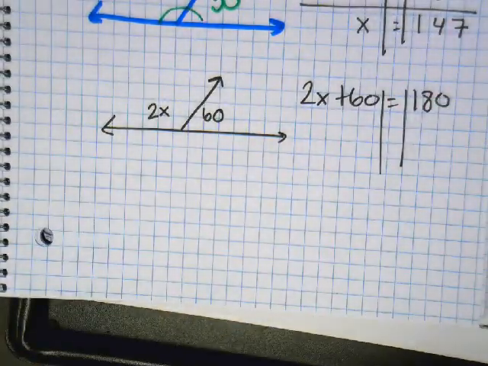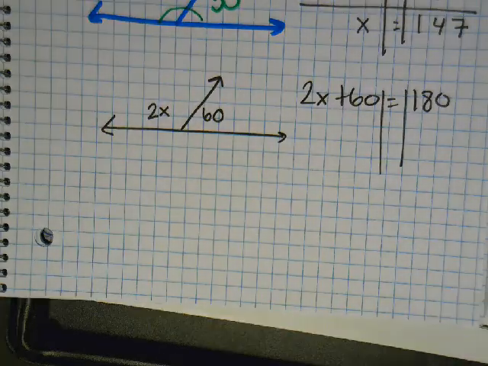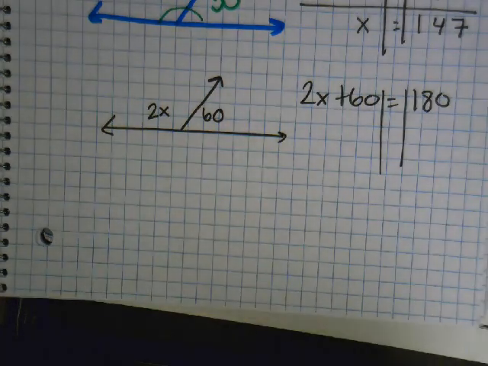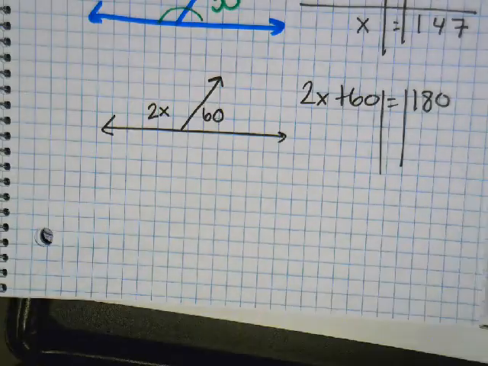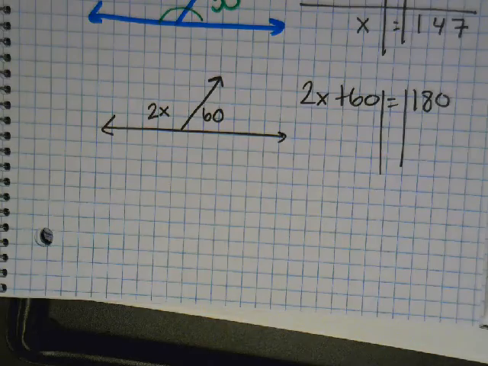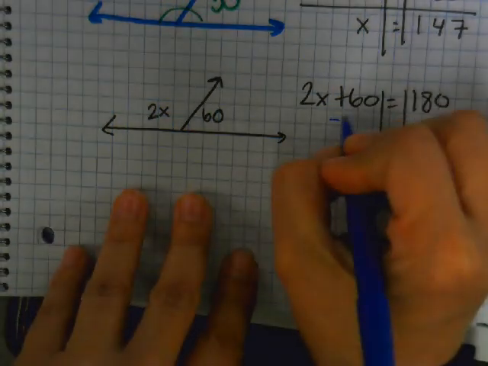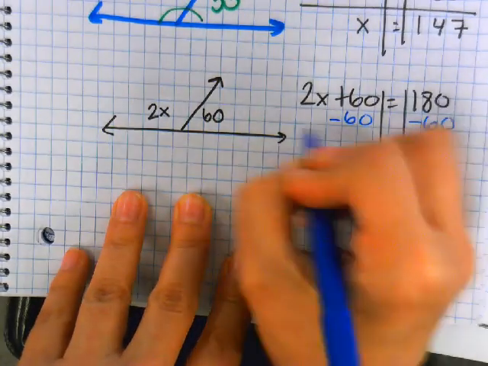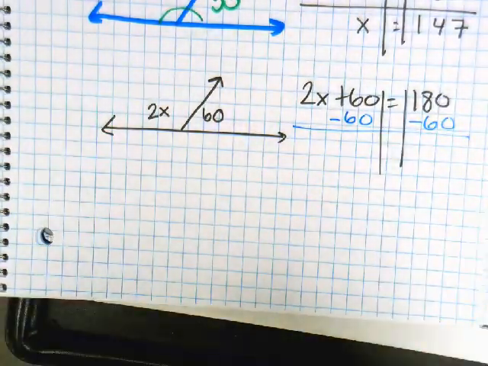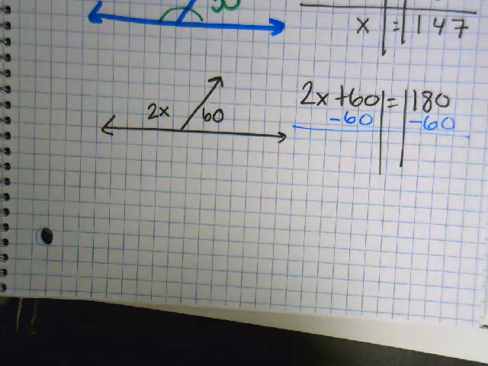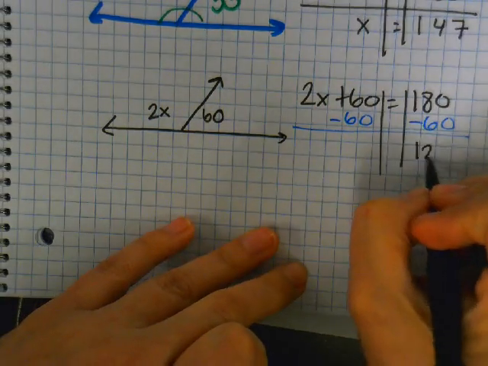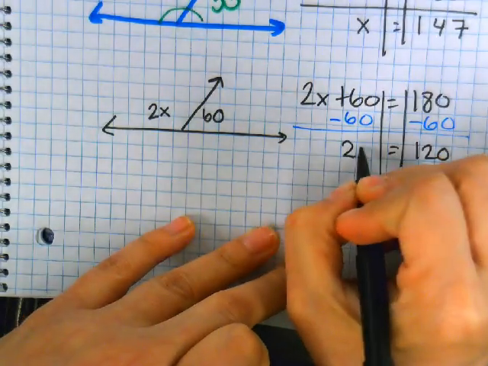What number do I move first? The 60 or the 2? The 60. Very good. How do I move the 60? Subtract. So let's subtract 60 on both sides. What's 180 minus 60? What am I left with on this side?